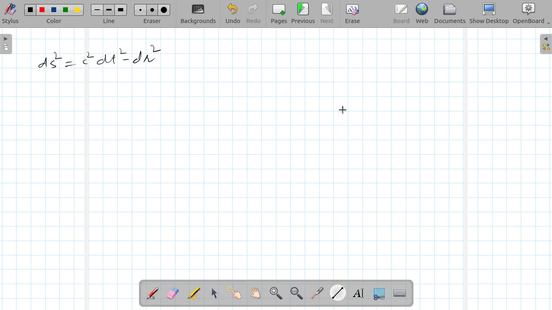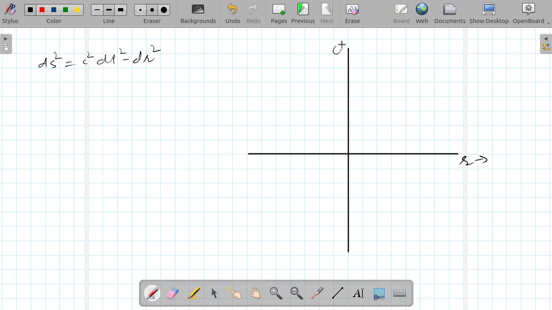Let me draw a diagram. This is the axis, and let me call this the r axis, and this is ct. So this is the imaginary part and this is the real part. Now different cases are there. The first case is that ds is equal to 0. Another case is that ds is greater than 0.